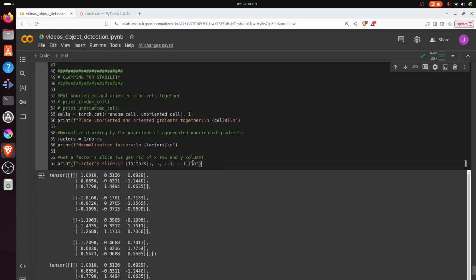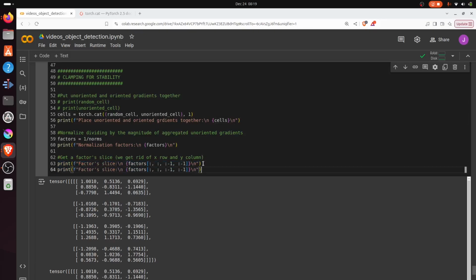Same strategy, but now we're going to get rid of the first column. So how do we get rid of the first column? Well, we say, okay, we want to start from the first and go till the end. So we get rid of the first column, and because we move to the right, we want to get rid of the last row.